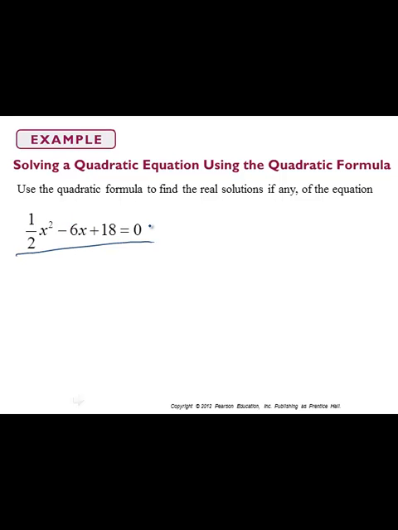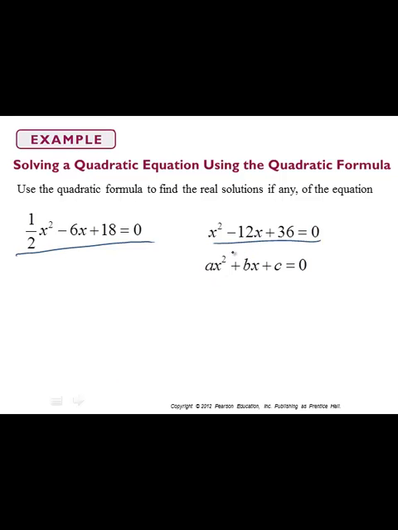So multiply both sides of this equation by 2. And when you do that, you just have 1x squared minus 12x plus 36 equals 0. And now you're in business, and now you just have integers as coefficients, and then go ahead and plug those numbers into your quadratic formula.